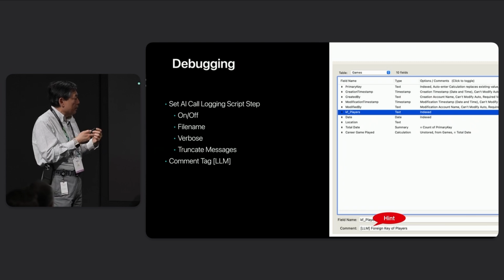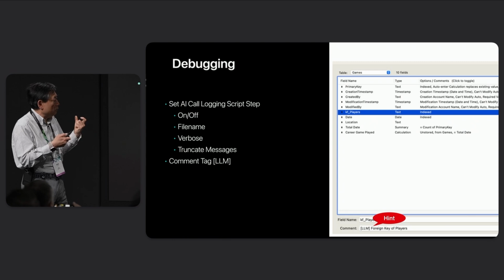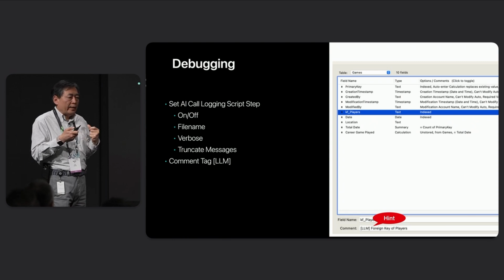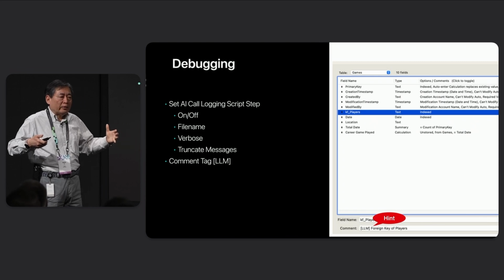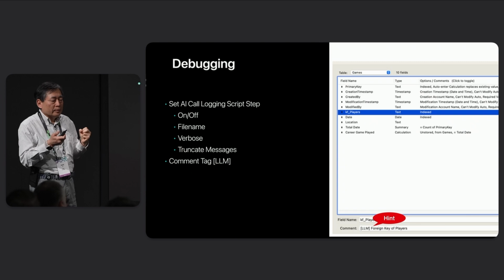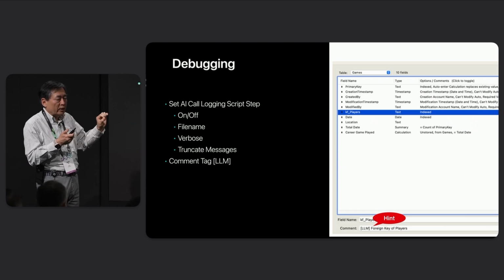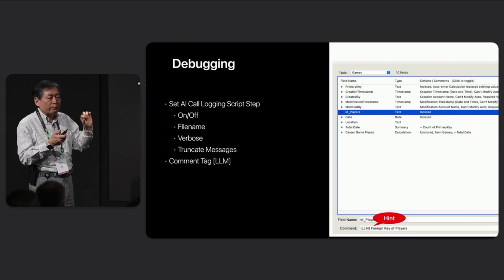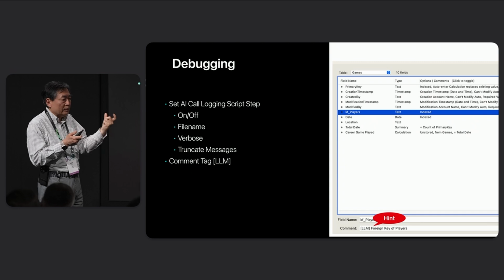And so here is the thing: when you're doing this, if you don't put any annotation, then the DDL generation will take all the fields for you and send them over to the LLM. But once you start to put this annotation, it will only take those fields with annotation over, and also take your comment.